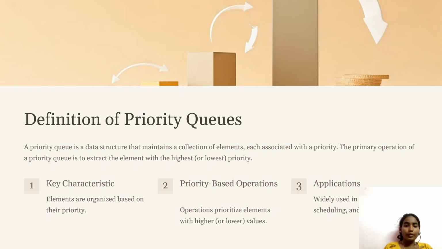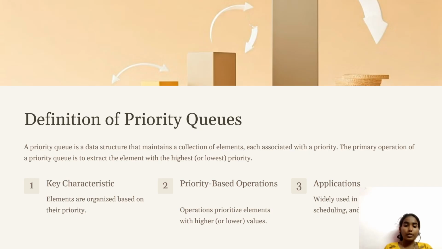Definition of priority queues. A priority queue is a data structure that maintains a collection of elements, each associated with a priority. The primary operation of a priority queue is to extract the element with the highest or lowest priority. Let's move on to the key characteristic of the priority queue, which is that elements are organized based on their priority.